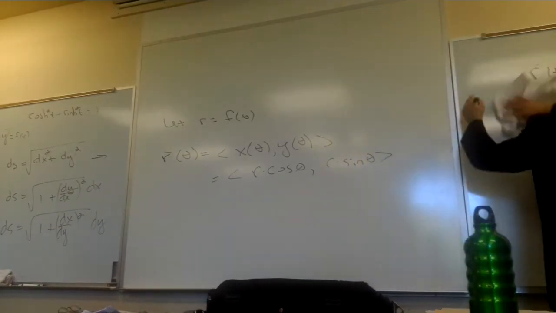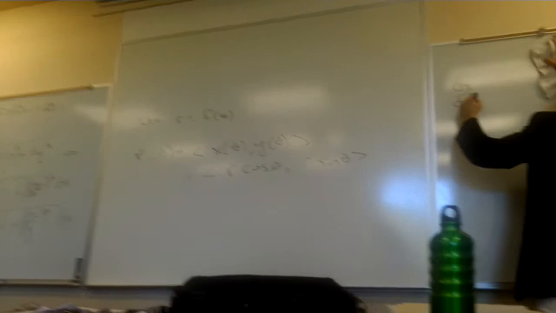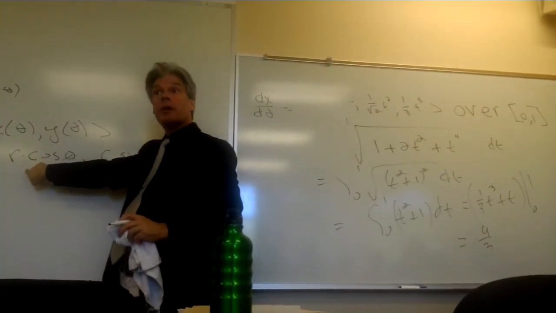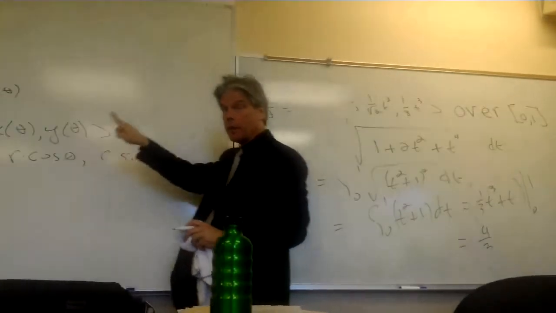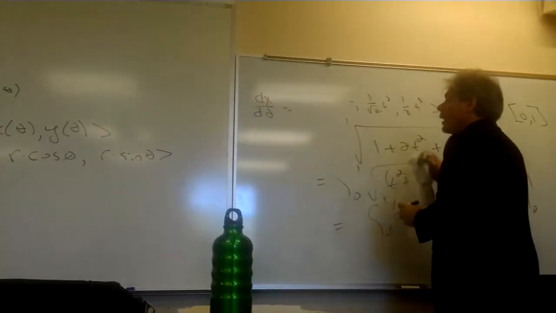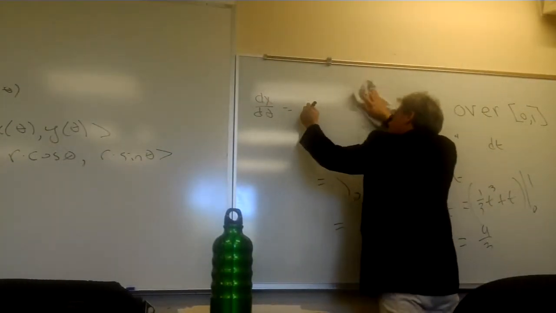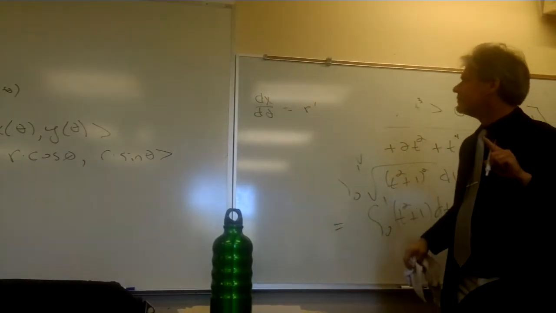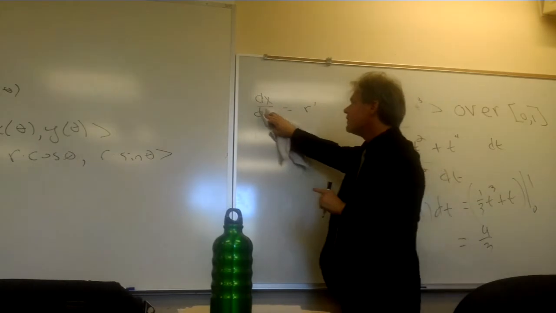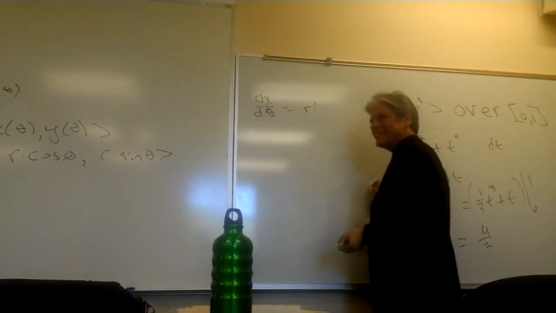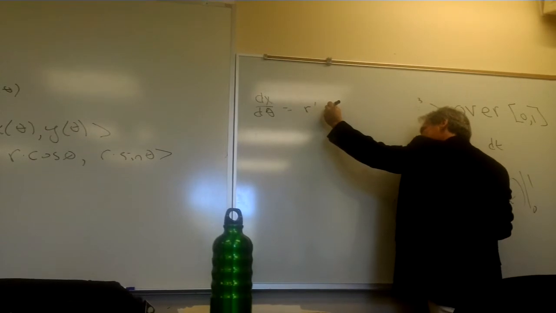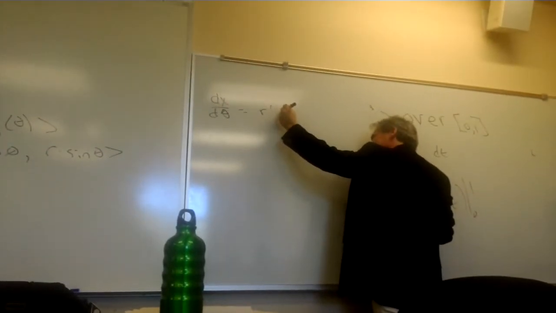So if I were to differentiate x with respect to theta, wouldn't I have to use the product rule? Since r is understood to be a function of theta, I get the derivative of r, dx d theta, multiplied by the cosine of theta.